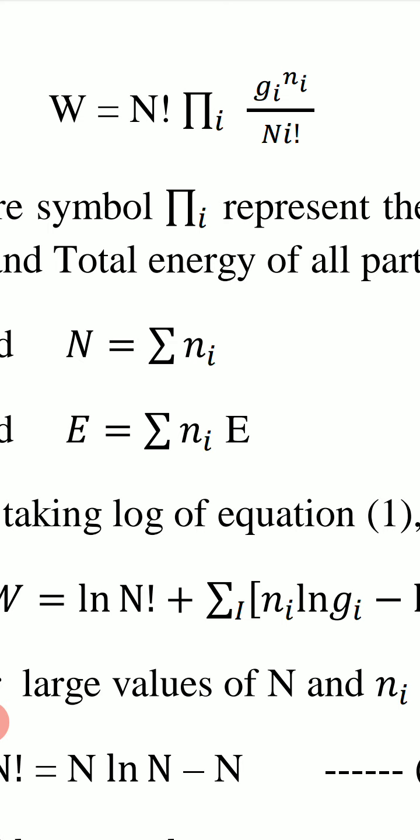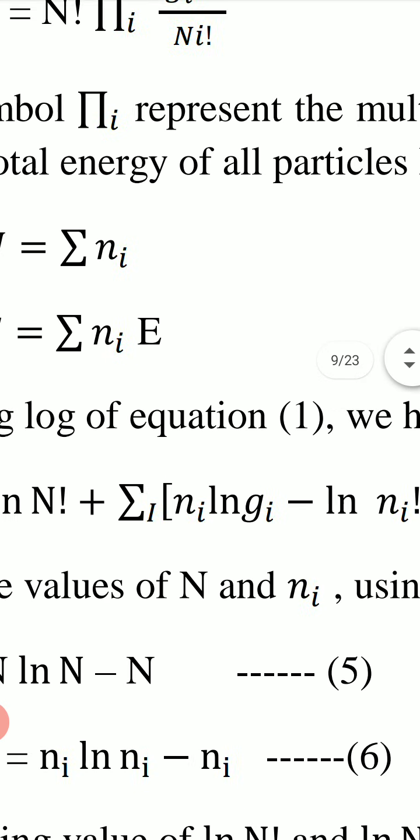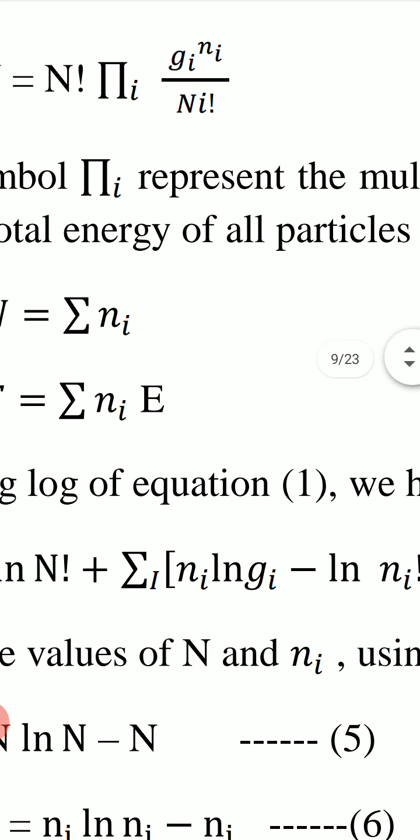So if we take log, then the multiplication will be changed to plus sign. So this symbol pi I will now change to summation I. Summation means it is the sum of several terms. It is the addition.